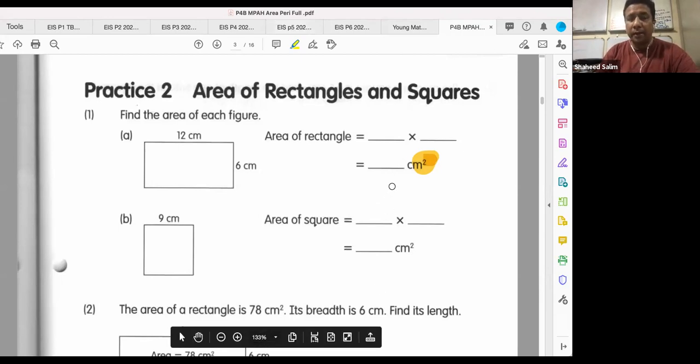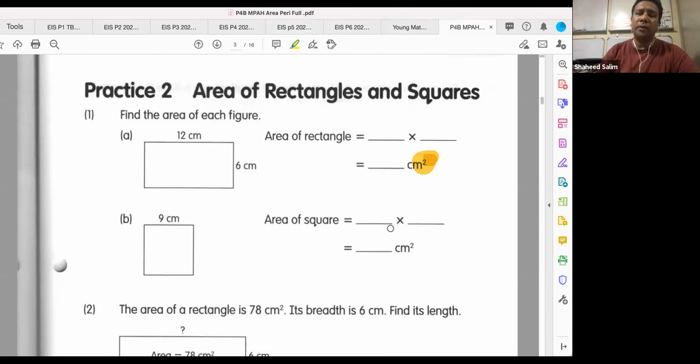Wow, Allahu Akbar. So champion sudah masuk lah. Correct, well done. No, not well done. Second one wrong lah, Putra. Second one you going find perimeter. Why lah second one you find perimeter?